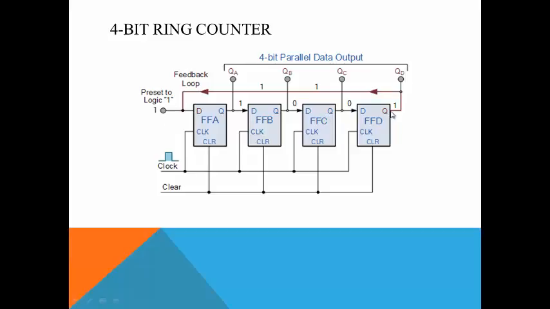So now 1 0 0 0, and in the next clock cycle this 1 will get shifted here and the 0 will come in. So 0 1 0 0, the next clock cycle 0 0 1 0, the next clock cycle 0 0 0 1. So this is how the sequence will go.